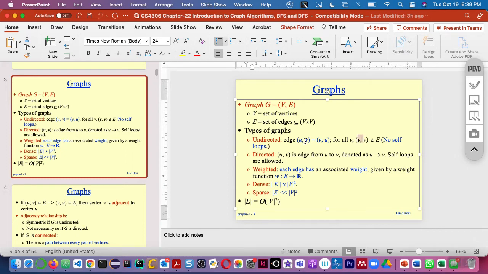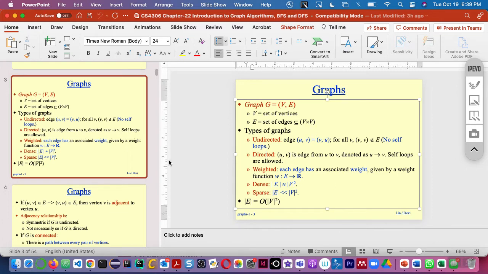We will see self loops soon. A graph is directed if there exists a direction from U to V but its inverse does not exist. That is called a directed graph.